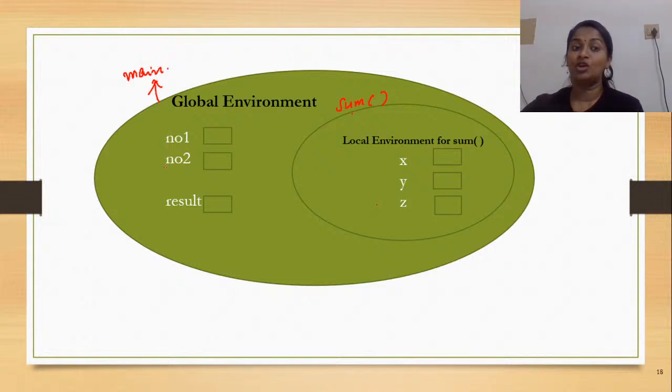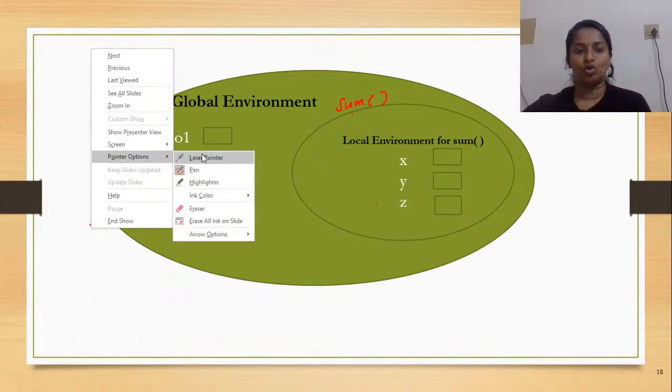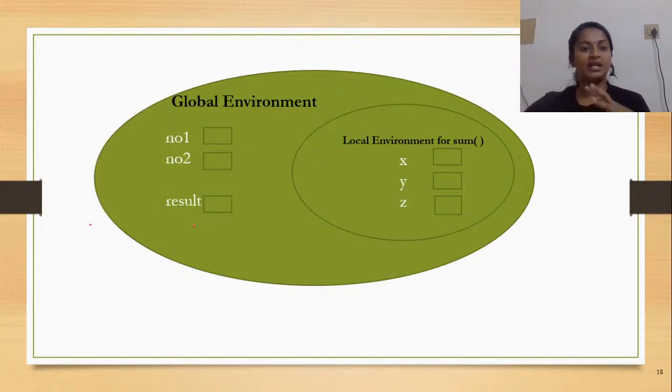But see here, NO1, NO2 and result, the variables have a global environment. Since they reside in the global environment, they can be accessed throughout this ellipse, right? Throughout the ellipse, meaning the ellipse is your main program. So this is how the scope would be looking like.